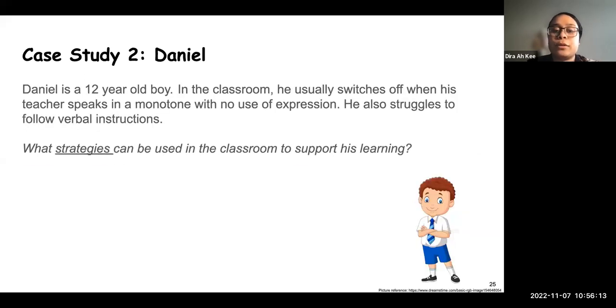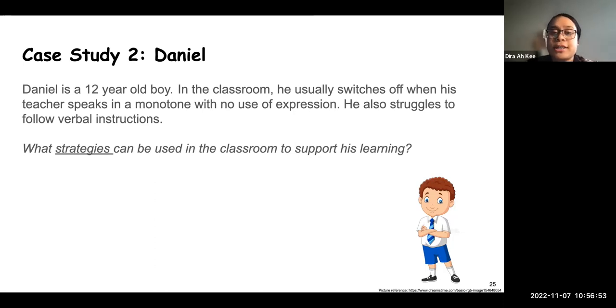Next, we have a 12-year-old boy, Daniel. In class, he usually switches off when his teacher speaks using a monotone with no expression. It is also difficult for him to just follow verbal instructions. What strategies here can be used in the classroom to support his learning? Again, there's no correct answer.